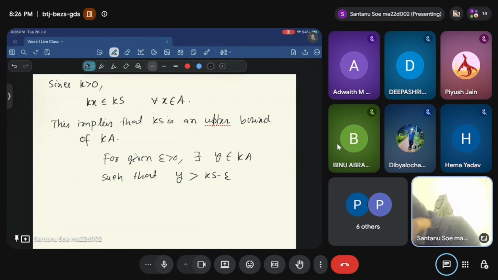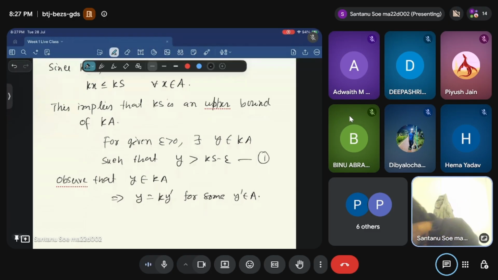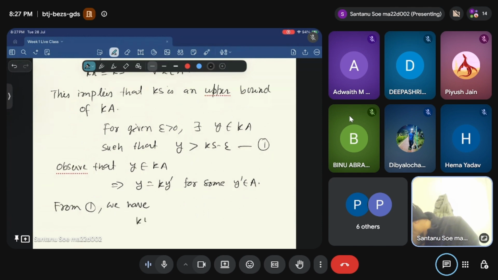So now you see that y is in kA, right? So this implies y equals ky prime for some y prime in A. Then from the previous inequality we have ky prime greater than kS minus epsilon.